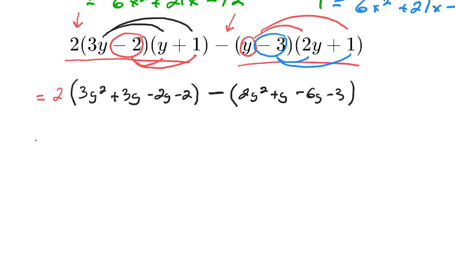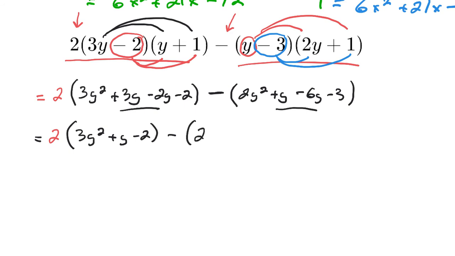So I want to tidy up the brackets first before I distribute anything. So I have some like terms in each one of my brackets. So 3y squared plus y minus 2 and 2y squared minus 5y minus 3.